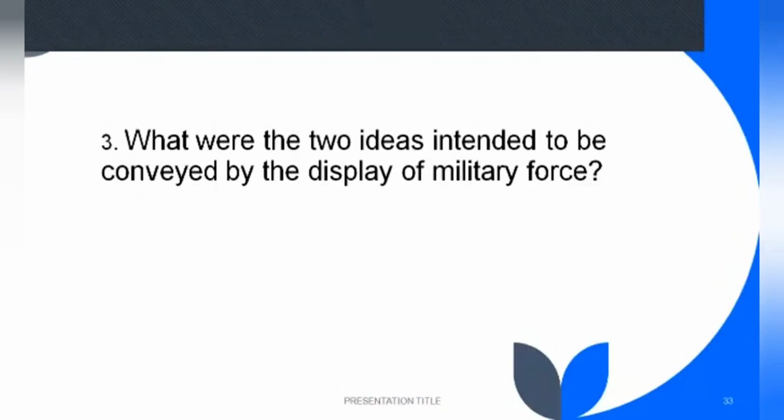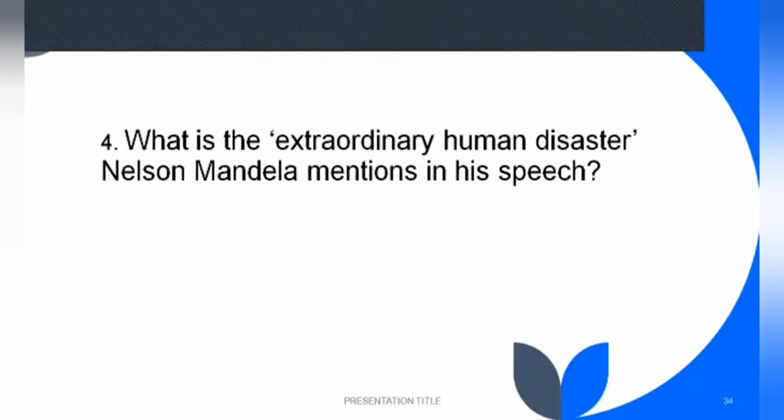So here you can have a case study question on that chapter, and some competency-based questions you can prepare, which will help the child develop some of the 5 core competencies we have seen. And teachers, please don't forget the dimensions of the competencies which we have seen. What is the extraordinary human disaster Nelson Mandela mentioned in his speech? All this type of questionnaire, that is, the case study questions you are going to have, actually relates the child to the real world.